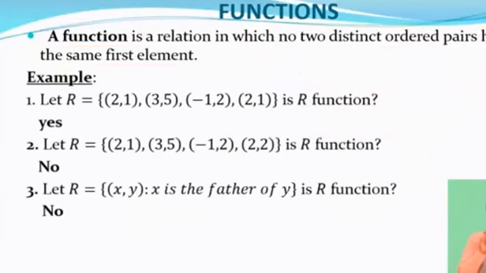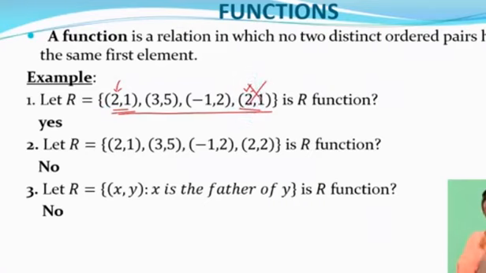Okay, now let's see additional examples. Let R be given as this one. If you are asked to check whether this one is a function or not, look at the first elements. The first element here is repeated, but these two pairs are the same, so you can cancel one.